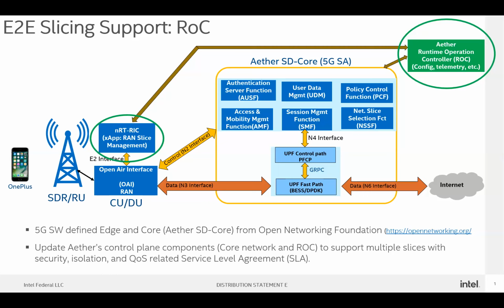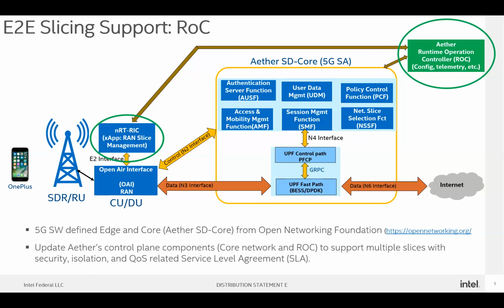For the project itself, we had to have end-to-end secure slicing. That means not just securing the slice from the core network perspective, but also the RAN component. To do that, we had to integrate these two components, because for now the ROC only controls the SD-Core, with nothing involved from the RAN perspective.